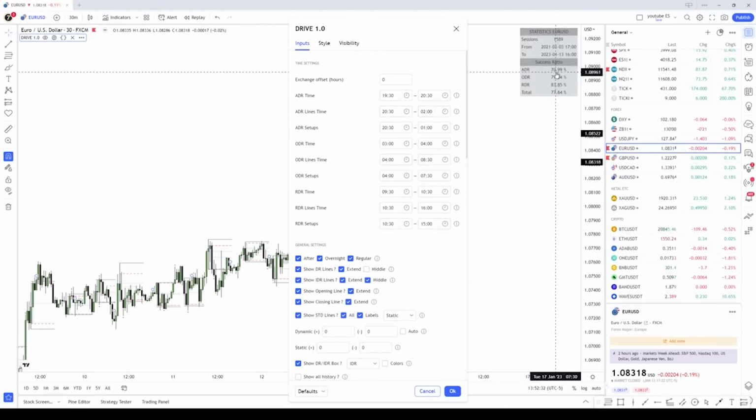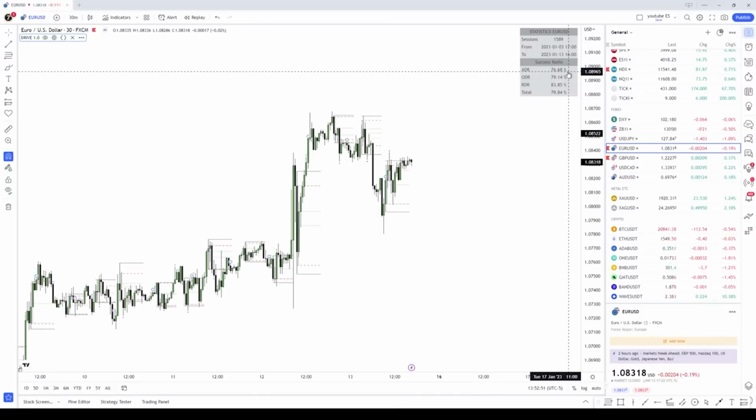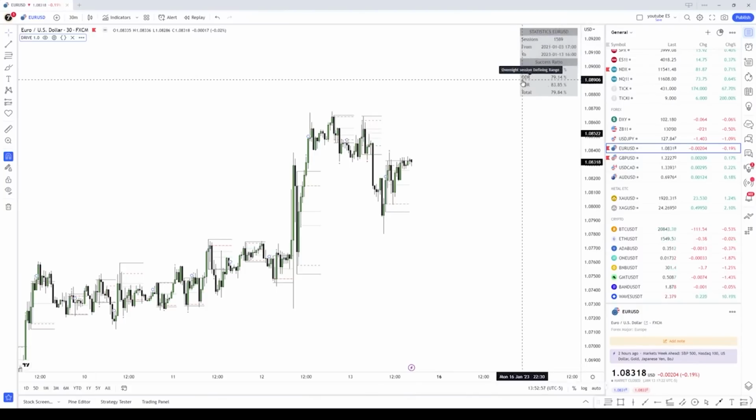Look, 70%. Look at this. Look closely. And now you change your timings from the ADR lines time to 1 o'clock. See how you're increasing your rate? Do you see it? You just gain 7% success ratio.